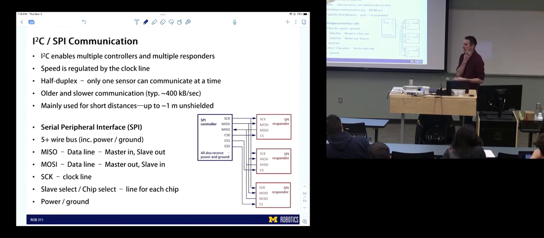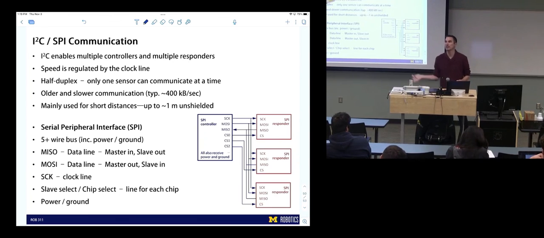In fact, it's the only thing that I've ever not been able to speed up. So the time it takes to communicate can be really long, and that can slow down your control loop. That can have negative effects on your ROS application. So if you care about timing, you might use something like SPI instead of I2C.